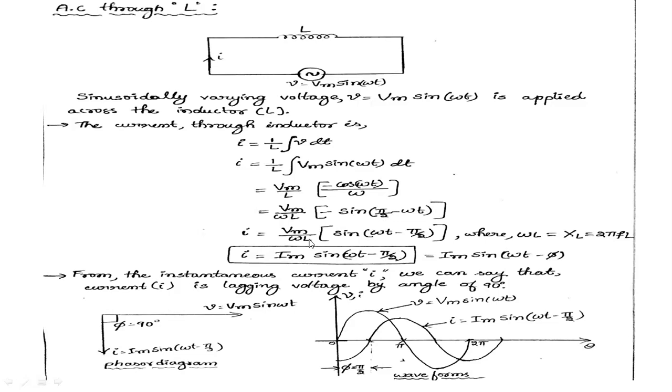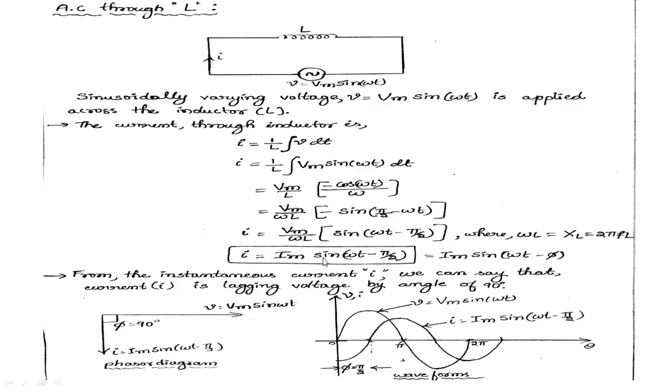Now this current is given by I equals Vm by omega L sin of omega t minus pi by 2, where omega L equals XL, and XL equals 2 pi f L. Here f is the frequency and L is the value of inductance.